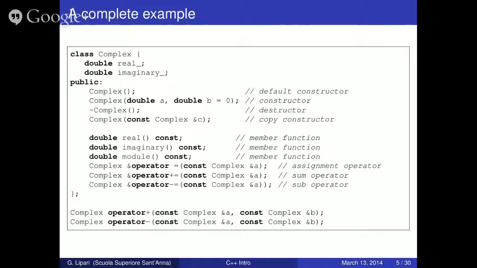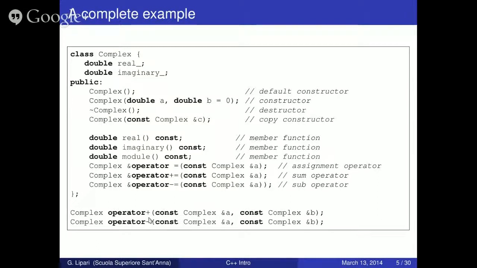And operators can be member functions, like, for example, plus equal, minus equal, or they can be global functions. For example, here we have operator plus, which sums two complex and returns a new one, and the operator minus, which does the subtraction between A and B and returns a new object. Okay, so notice some little difference.